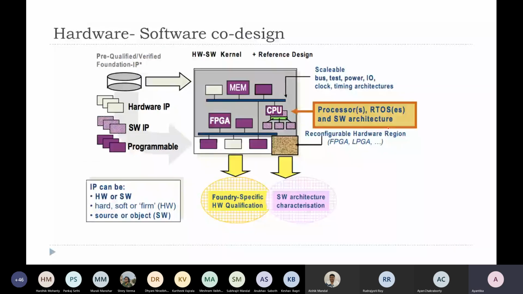Sometimes we implement in the CPU part and sometimes we divide between the CPU and FPGA part, for hardware and software requirements.